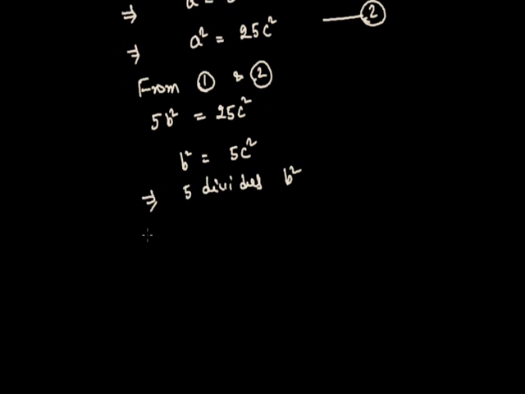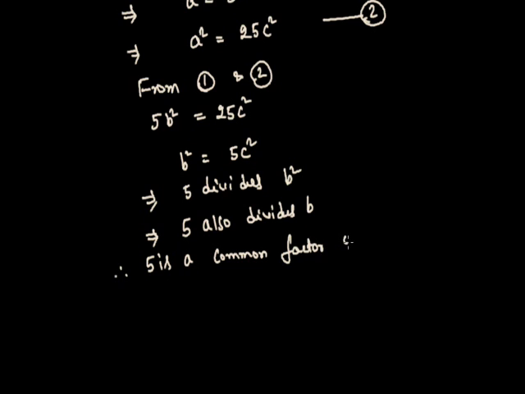Now if 5 divides b square, then 5 also divides b. Now 5 is a common factor of a and b both, because 5 divides a and 5 also divides b.